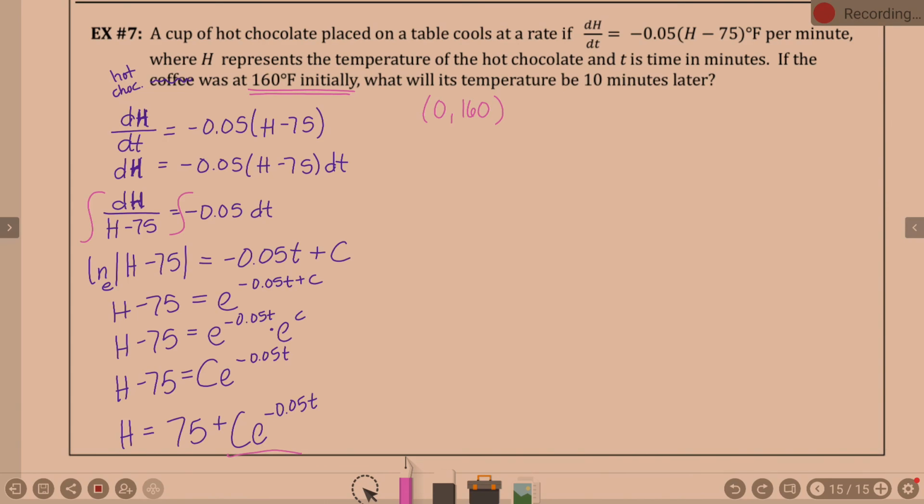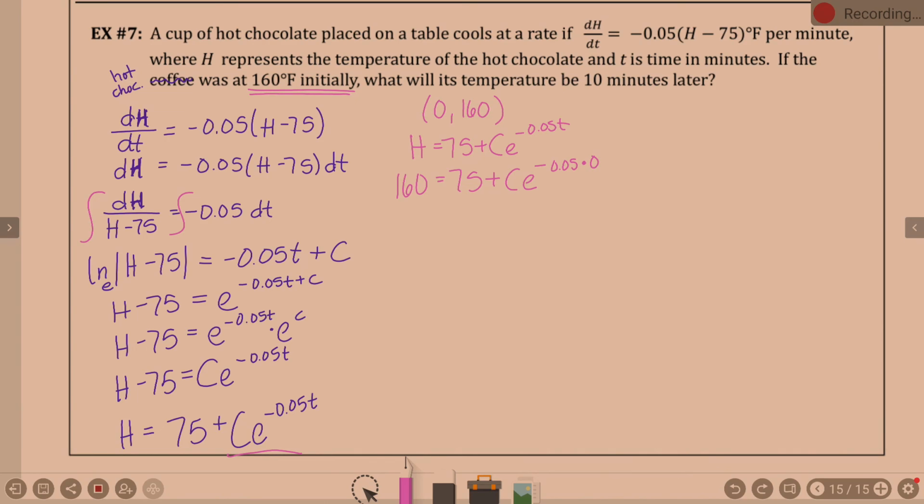Okay, so with that in mind, if I use the equation H equals 75 plus C e to the negative 500ths T, 160 is 75 plus C e to the negative 500ths times 0.